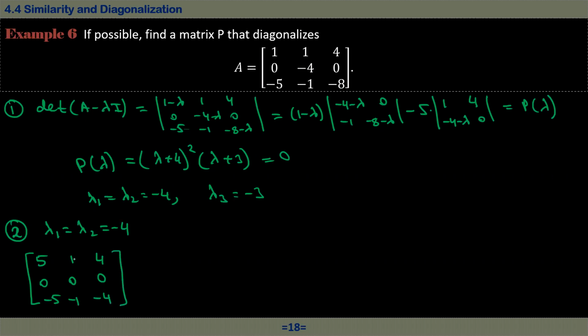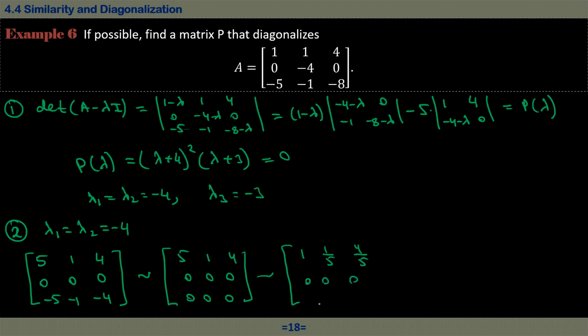And as you see here, if you add the first row to the third row, we will have 5, 1, 4, 0, 0, 0, 0, 0, 0. Or 1, 1 over 5, 4 over 5, 0, 0, 0, 0, 0, 0.